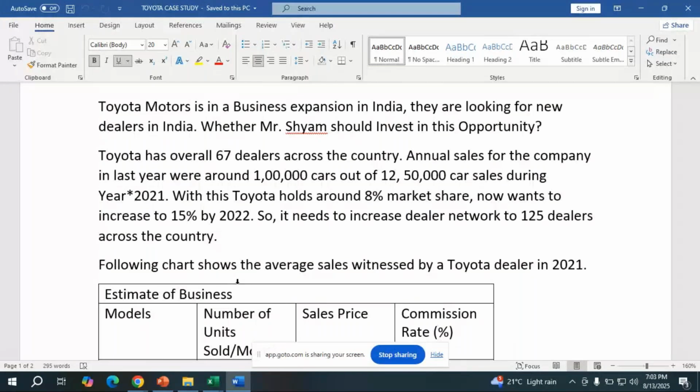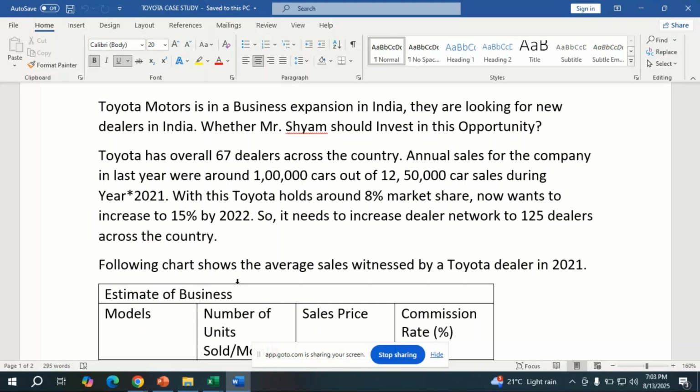The question is whether Mr. Sham should invest in this opportunity. If he starts this Toyota dealership, what would he have in future? That matters the most here.